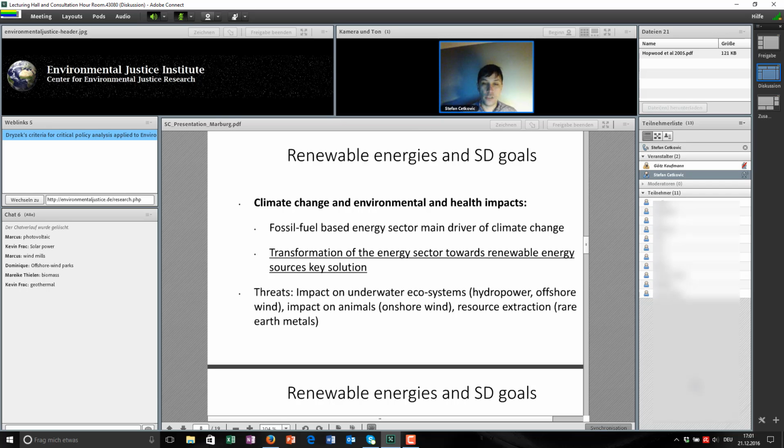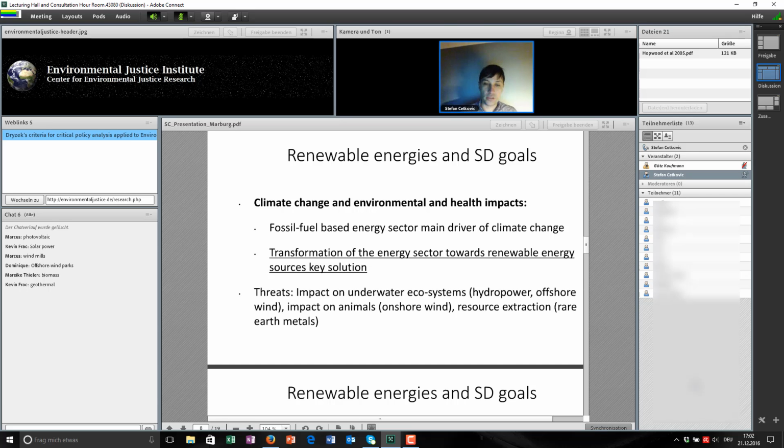The development of renewable energy sources can also have an impact on underwater ecosystems. If you think about hydropower, but also if you think about these large offshore wind parks, which is a new, fast developing technology, both can have a negative impact on underwater ecosystems if assessments and project development are not done in a proper way.